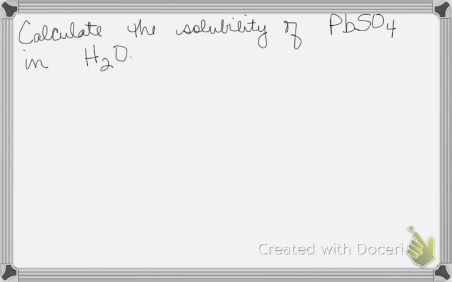PbSO4. Using the X's and the KSP's, what's it going to be? It's going to be that KSP is equal to X squared. So I'll look up the KSP.